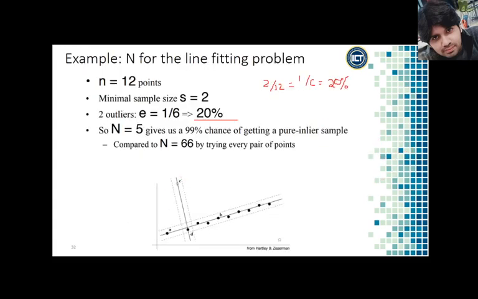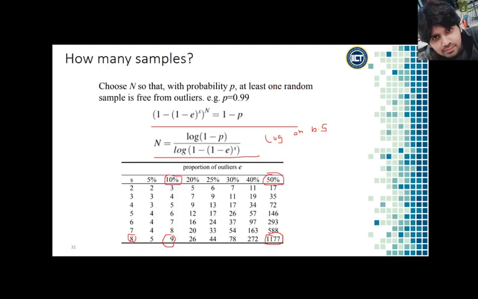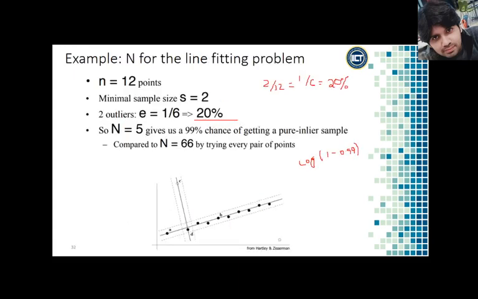let's solve this here. So it's log of 1 minus 0.99, that's the probability which we are looking for. Remember, this p is 0.99, divided by the log of 1 minus, and sorry for my bad writing here because I am writing with a mouse.